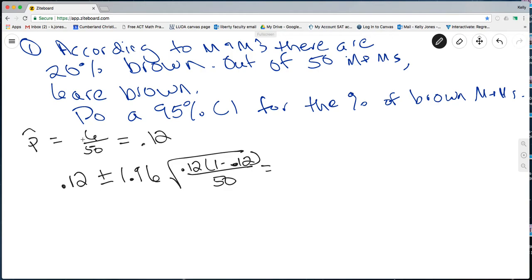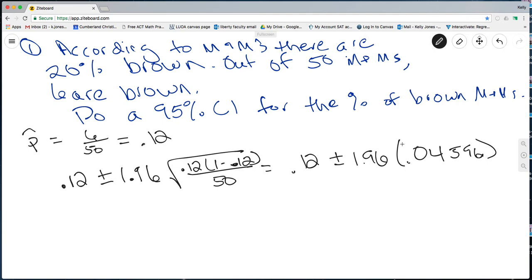So the square root of 0.12 times 1 minus 0.12 divided by 50, and then close up all your parentheses. And I get 0.12 plus or minus 1.96 times 0.04596. So I went out a couple decimal places here.